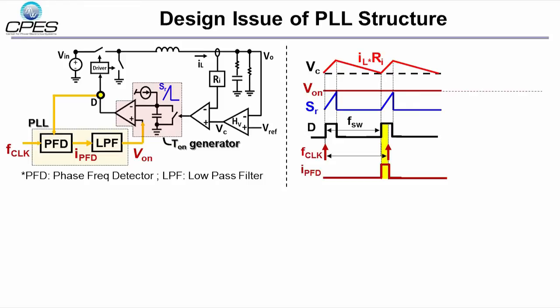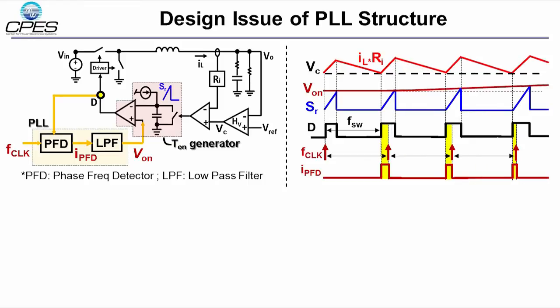After that, the low-pass filter, or PLL, smooths out the pulsating signal, IPFD, and converts it into an incremental V-on change. When V-on increases, the switching frequency will become lower and lower and eventually approach the clock frequency. The speed of V-on change depends on the bandwidth of the PLL loop, called TP.